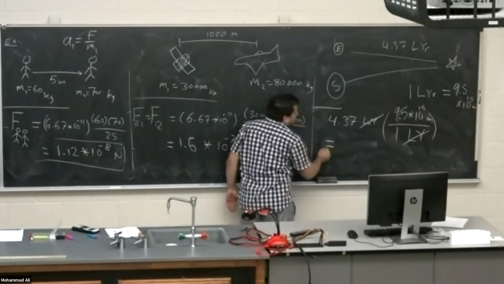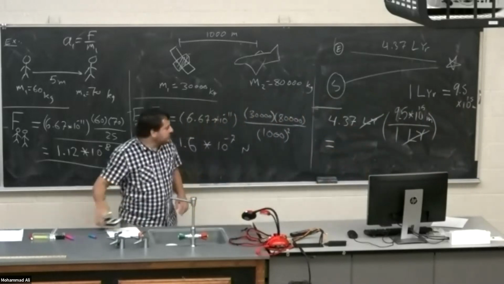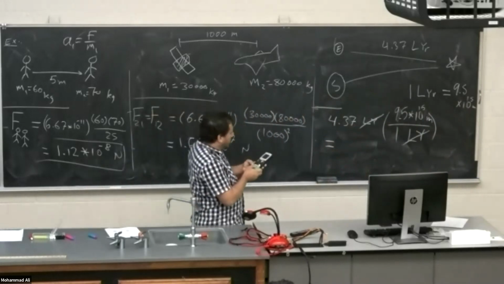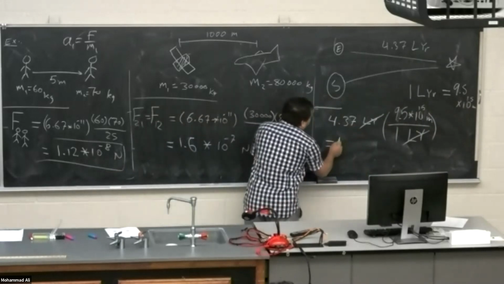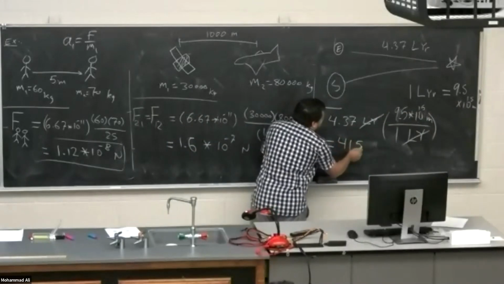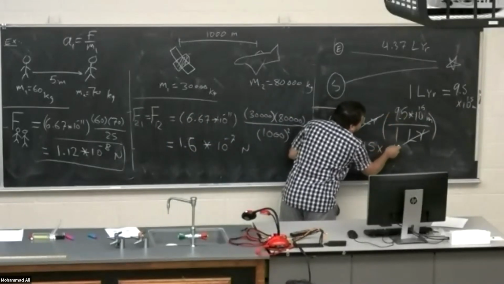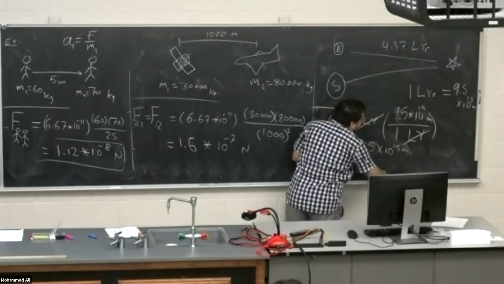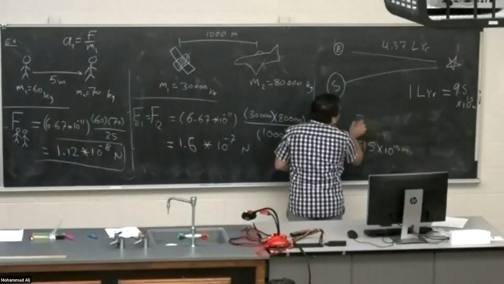Tell me, please. 4.37 multiplied by 9.5 is 41.515 multiplied by 10 to 15 meters. This is very far.